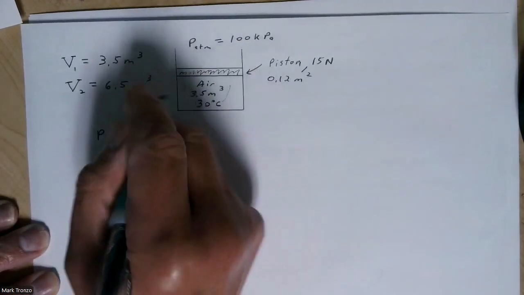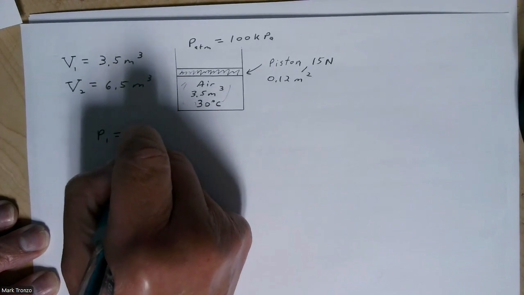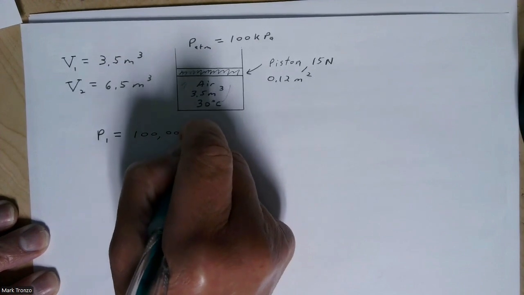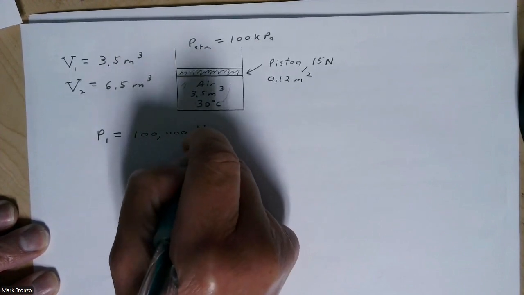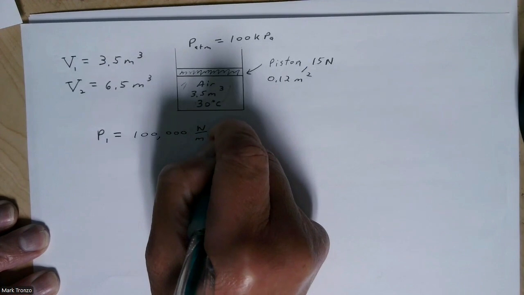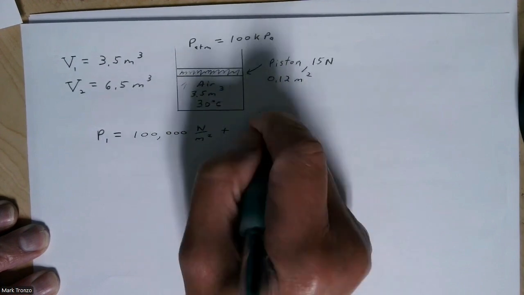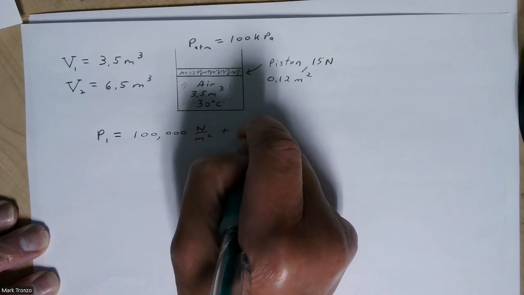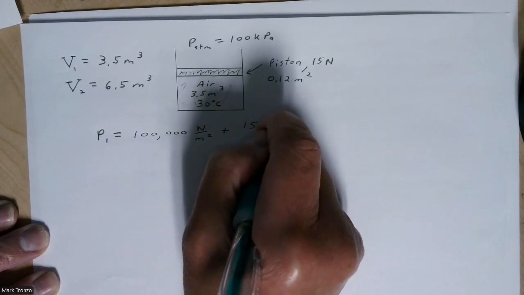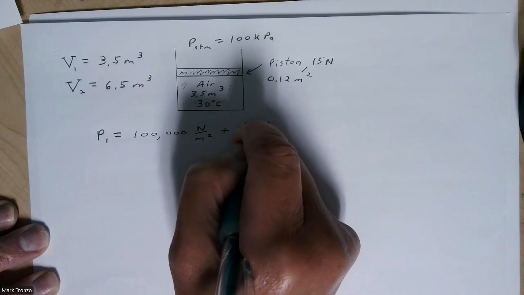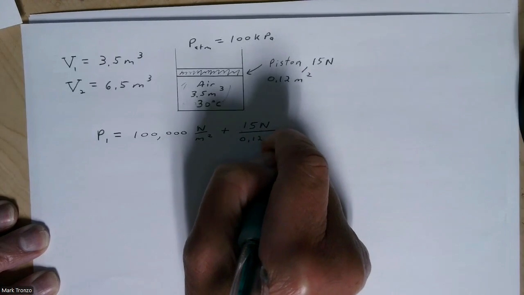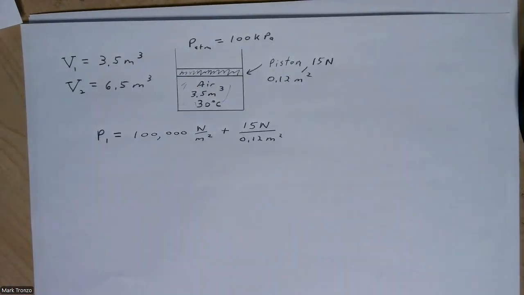Now, the pressure is going to stay the same because, again, this piston and the atmospheric pressure are both keeping the air at a steady pressure. And so it's going to be the 100,000 pascals, which again, remember that's Newton per meter squared. And then plus over here, we have 15 newtons divided by our piston area, like this.